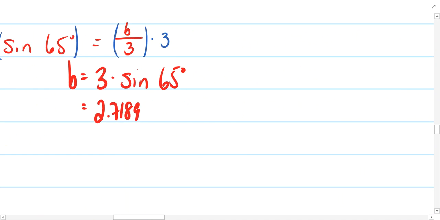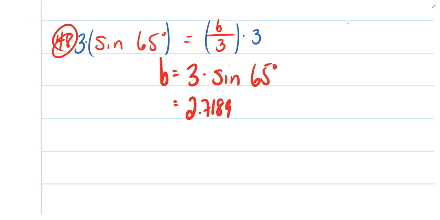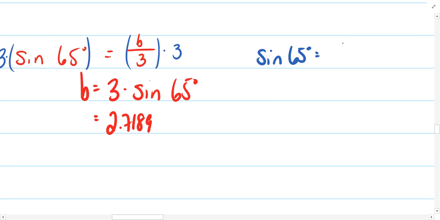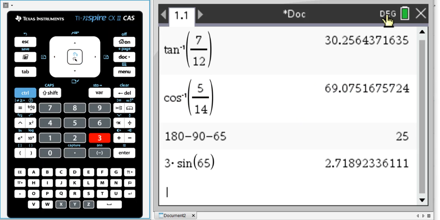So if I'm looking for side length A, I might say that sine of 65 degrees is equal to A divided by 3. A is the opposite side length of 65 degrees. So therefore, A by itself, much like we saw with B, is going to be equal to 3 times sine of 65 degrees.